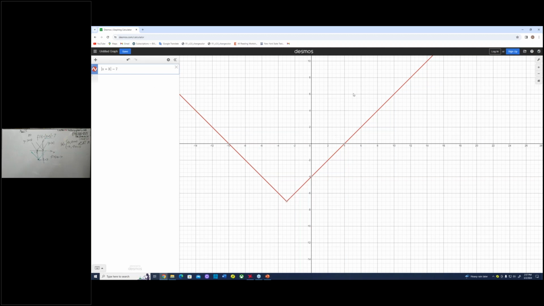So I don't recommend using it every time, but you can double check and do it very fast. But don't forget you have to know graph transformation. Okay, use this Desmos calculator. Nice, helpful tool. Any questions, students?